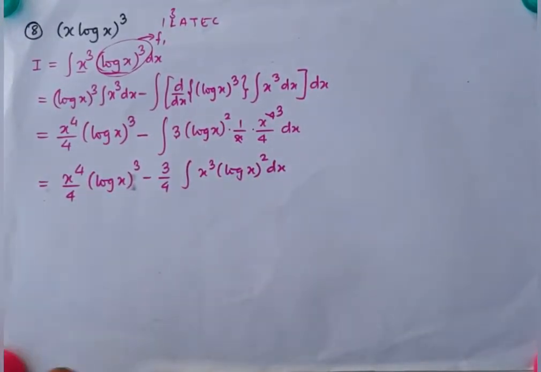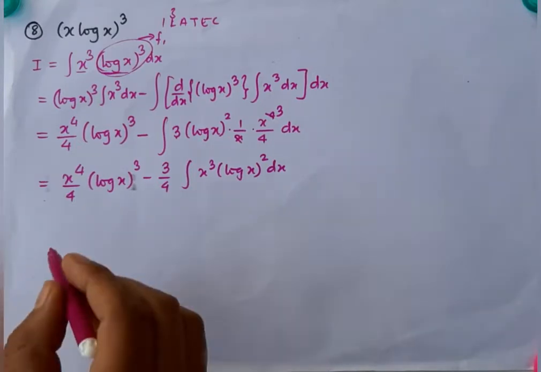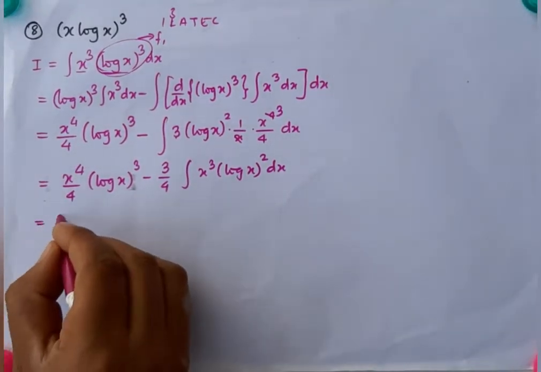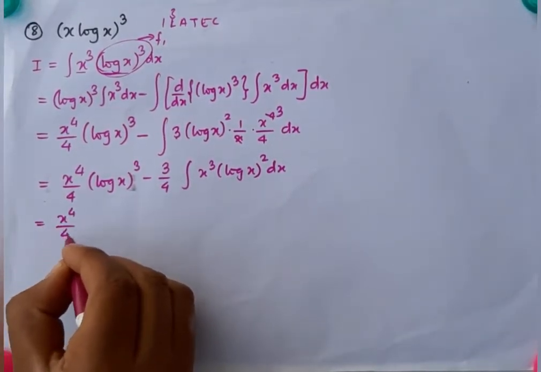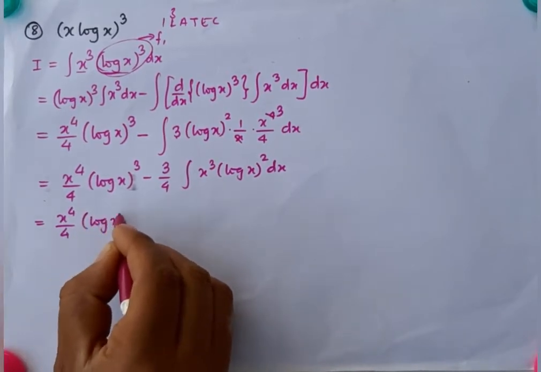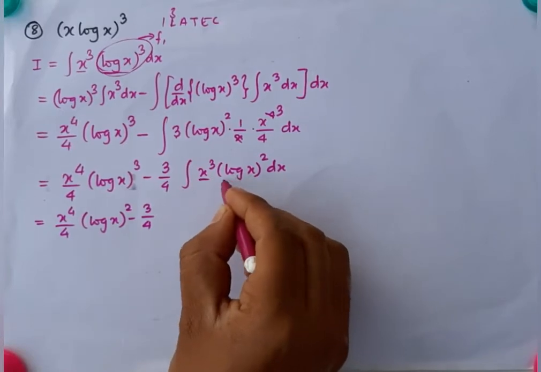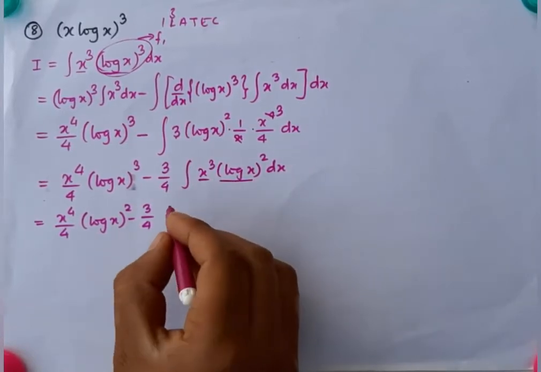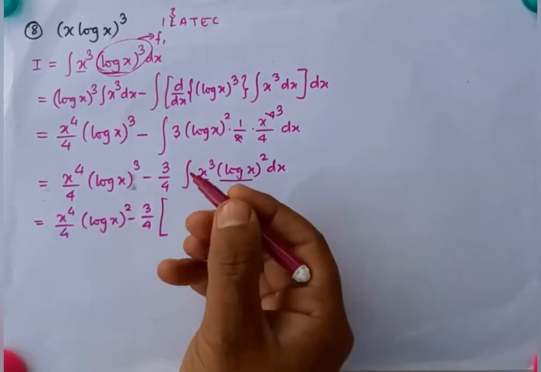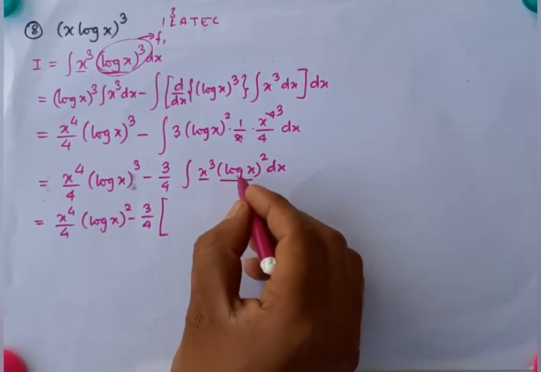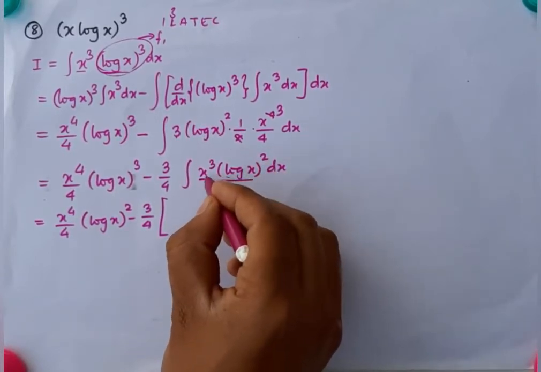Now it's going to just stretch, just see, it's going to elongate. x to the power 4 by 4 log x whole square minus 3 by 4. Now again, this is your algebraic, this is your logarithmic, same thing you have to do again, right? So here, okay, so let me do that only. So this has to be differentiated, this has to be integrated.